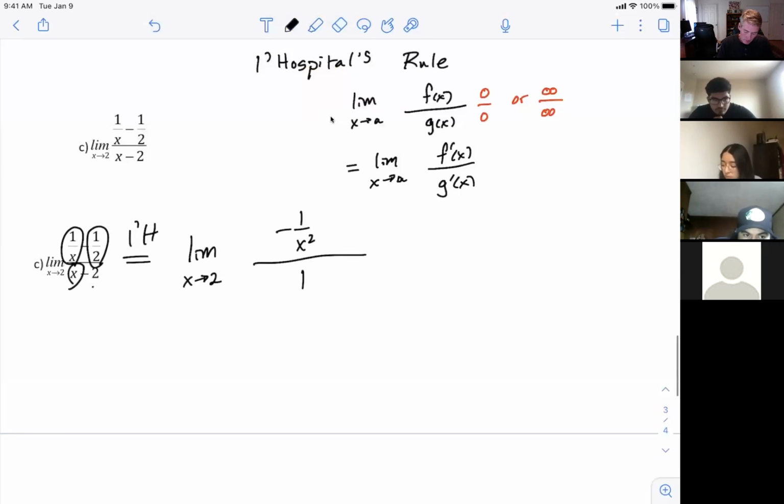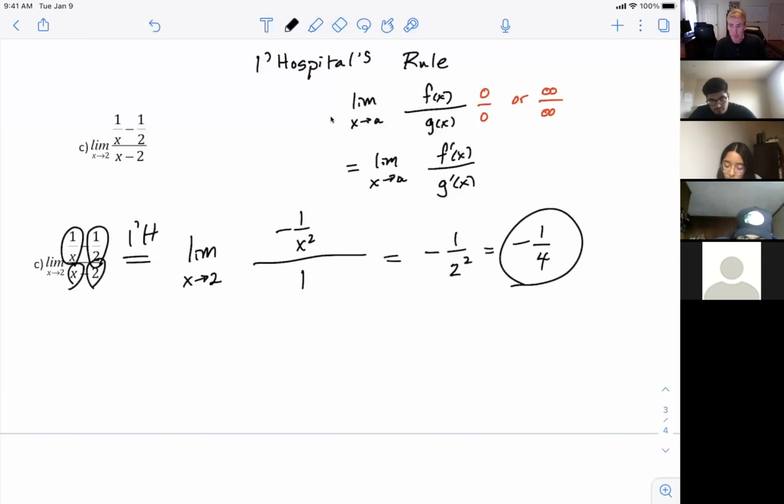And then the derivative of negative 2 is 0. And then plug in the number 2, and we get the same answer. But L'Hopital's was probably the fastest and easiest out of the 3 methods.